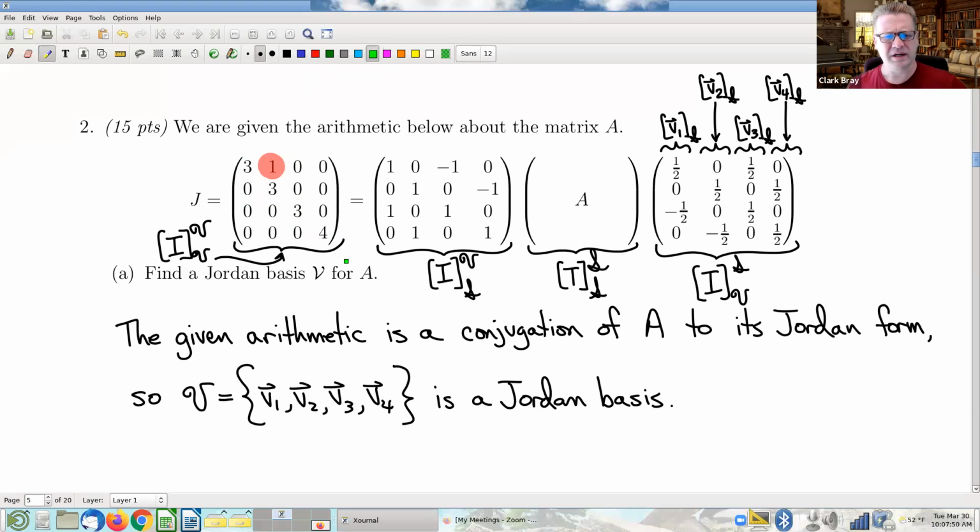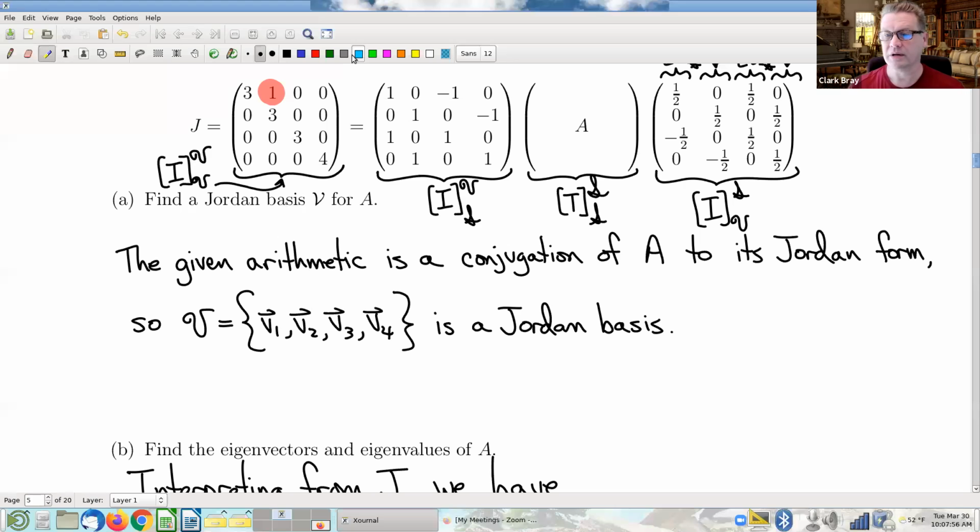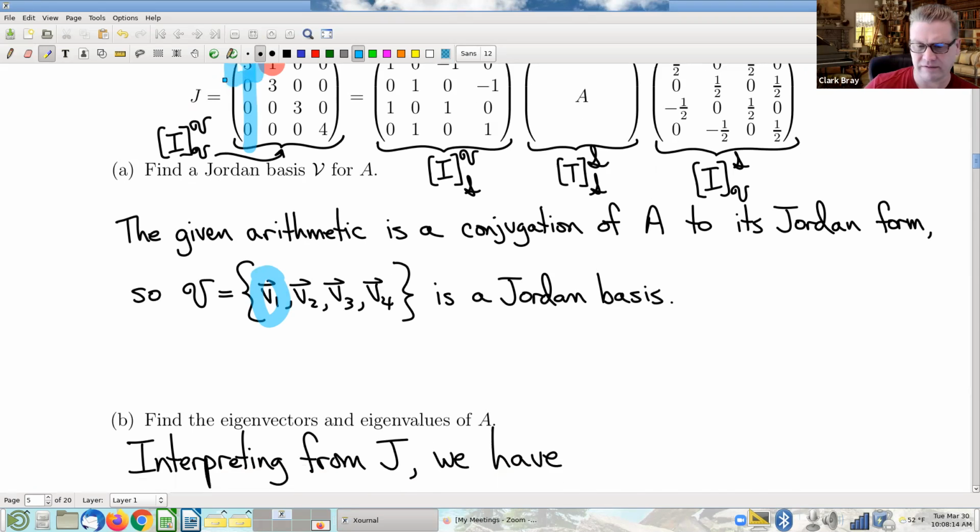That one off-diagonal entry is the one column whose corresponding vector is not an eigenvector. Looking at the first column, there is only a diagonal entry. What that tells me is that V1 is an eigenvector, because the only non-zero entry is the diagonal, and 3 is the eigenvalue.